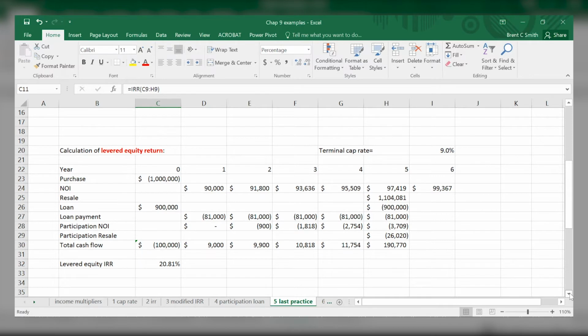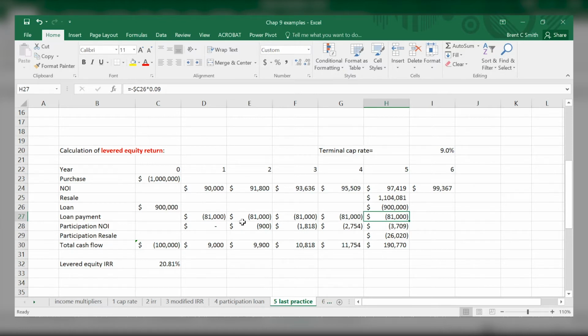Okay, so let's take a look at this levered return, remembering the arrangement that the financial institution has offered us. So we still have the $1 million, we still have the $90,000, the 2% increase, projecting through year 6, selling the thing. The loan payment was interest only at 9%, so that's $81,000 a year in interest charges. Obviously, it would be monthly. This is our annual outlay.